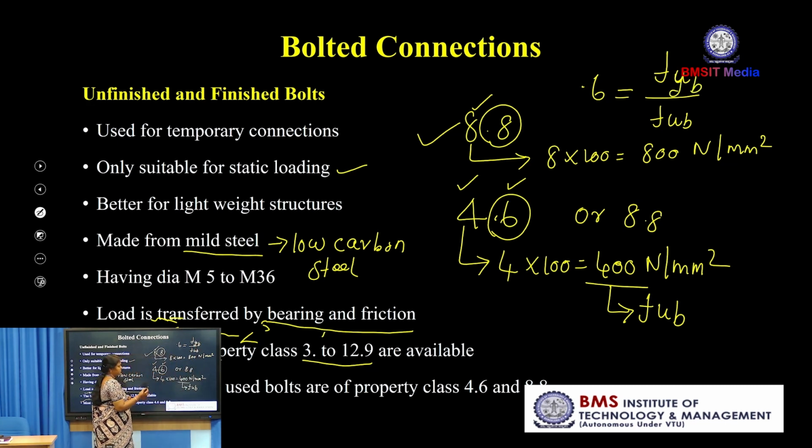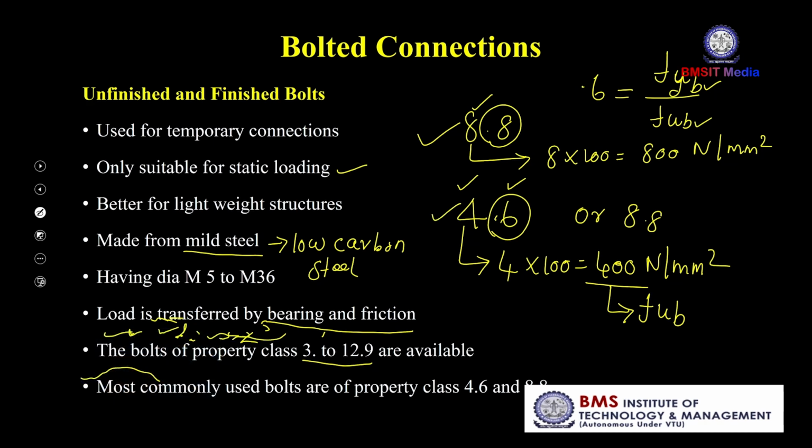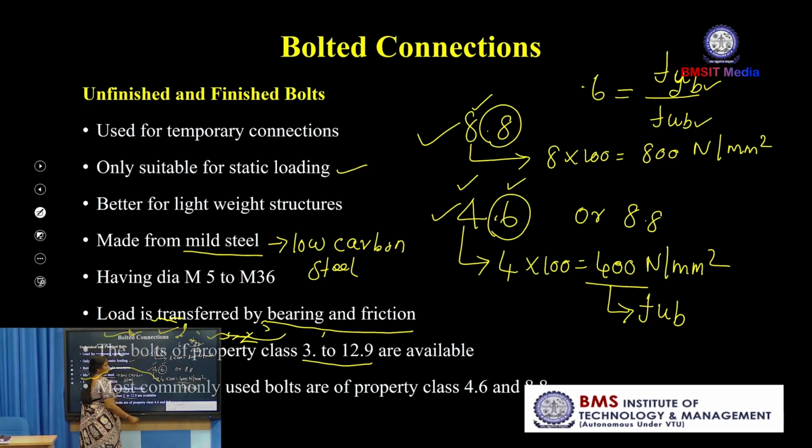The ratio between the yield strength of the bolt to the ultimate tensile strength of the bolt equals 0.6. So, coming to the 4.6 grade bolt, 0.6 equals FYB divided by FUB.